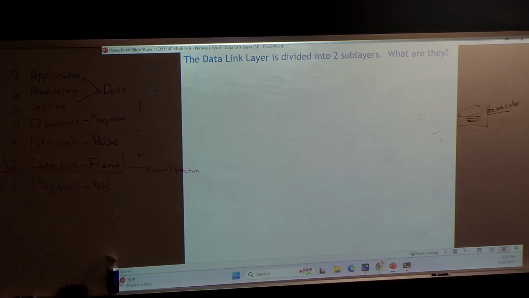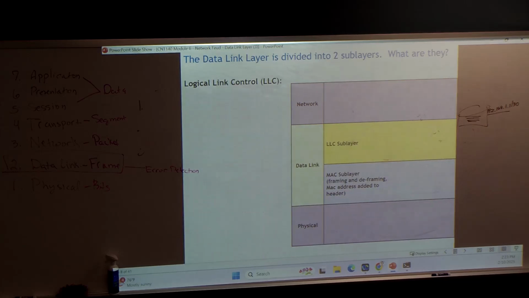All right, so let's break these layers down a little bit. The LLC, what layer does it help? The network layer. It communicates with the network layer. If you recall from Module 3, the OSI model chapter, it explained some of the protocols that happen at the network layer.